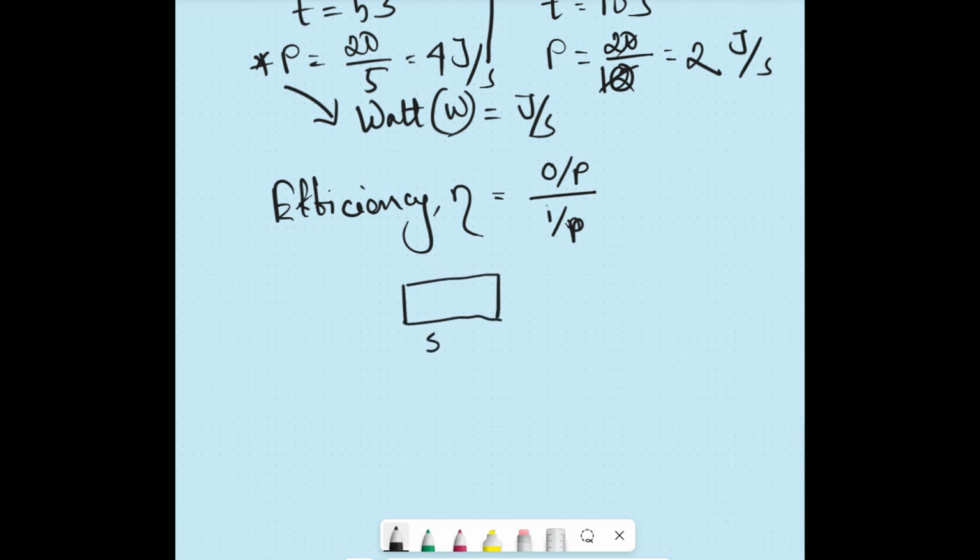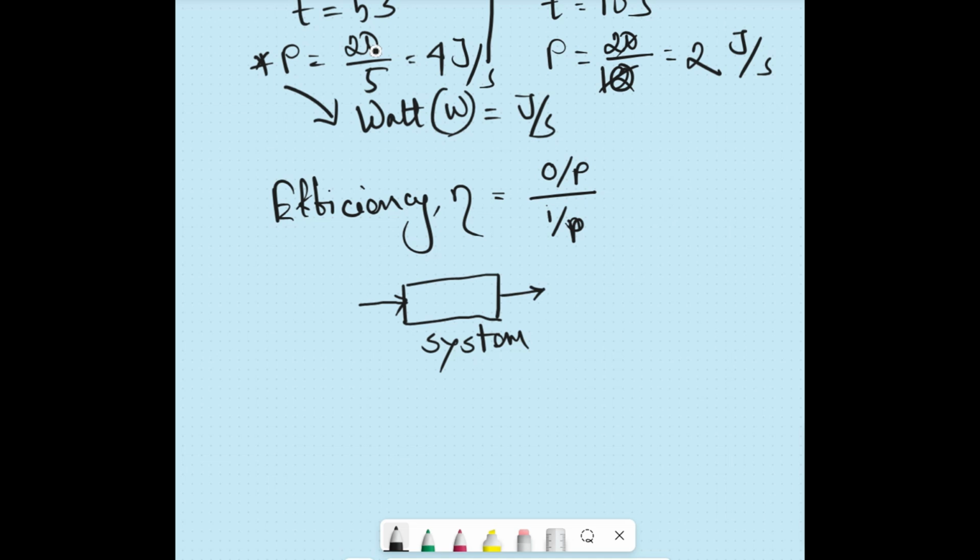Here is a system. To complete this system, I'm recording this using a computer and some other instruments, so all of this is a system. I'm giving an input and here is the output.